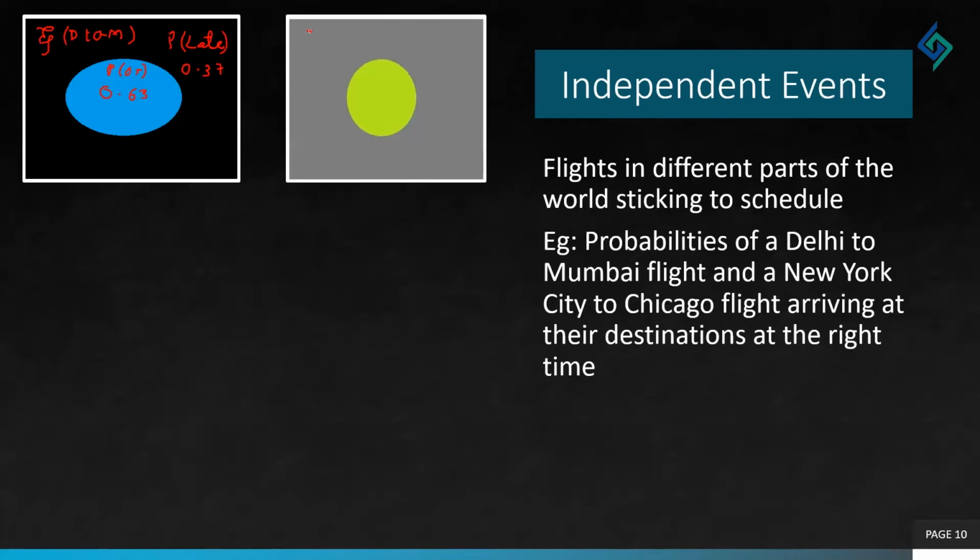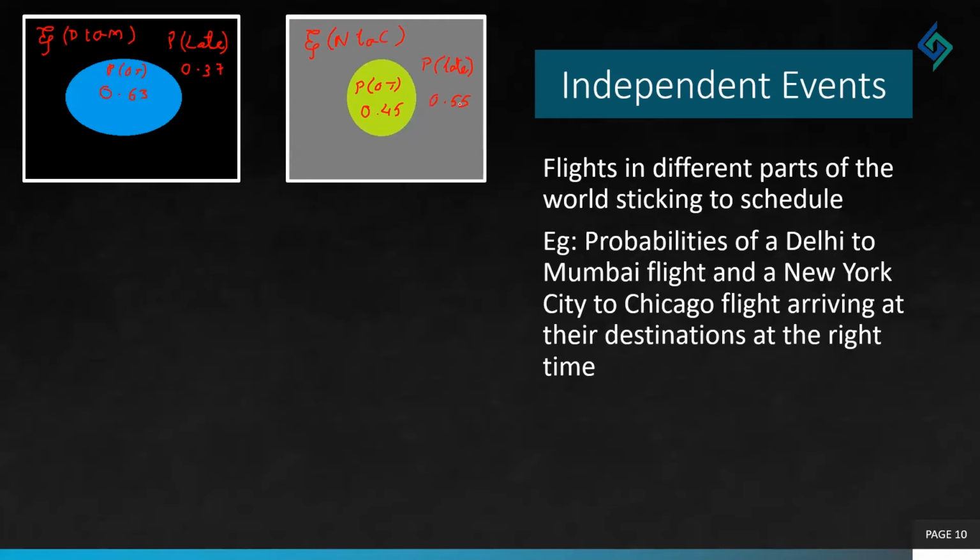Similarly, if I take the second set as a superset of the New York City to Chicago flight, and suppose the probability of this flight being on time is, say, 0.45, which means the probability of this flight being late will be 0.55. So they belong to two different probability supersets.